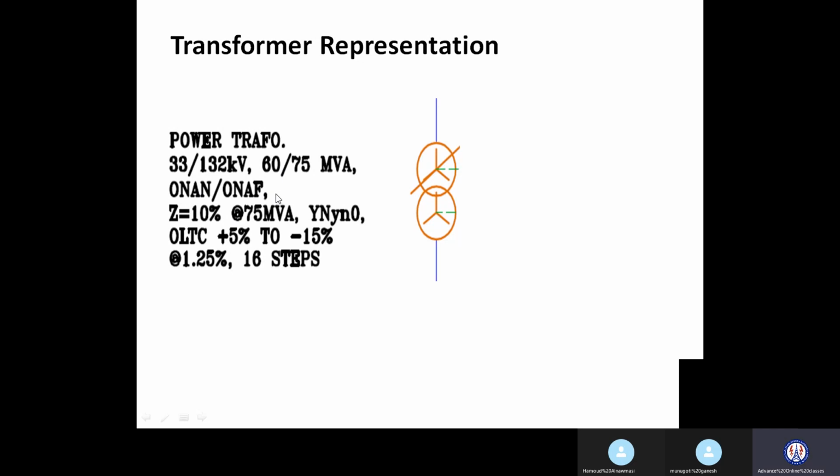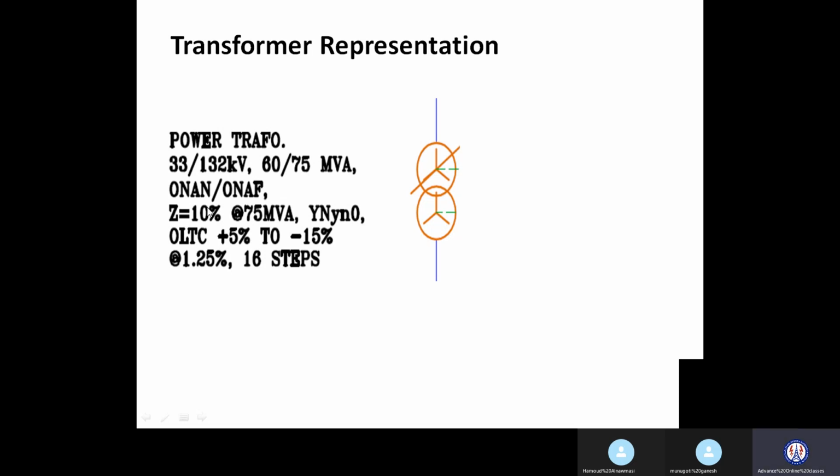After the cooling method of the transformer, next we represent the percentage impedance of the transformer. Percentage impedance is the calculated impedance value of the transformer in per unit method.